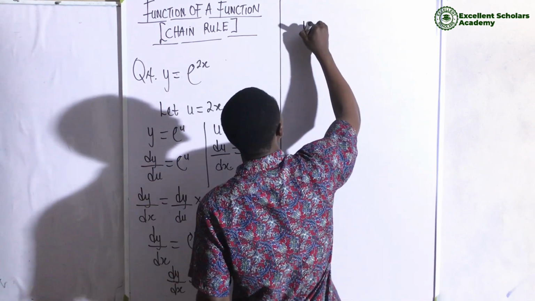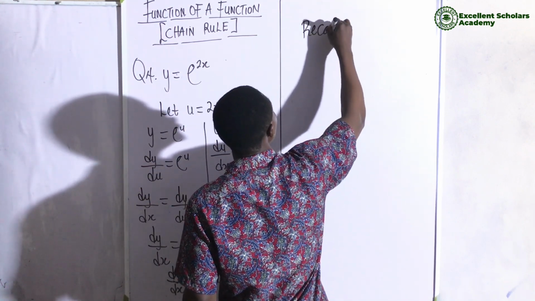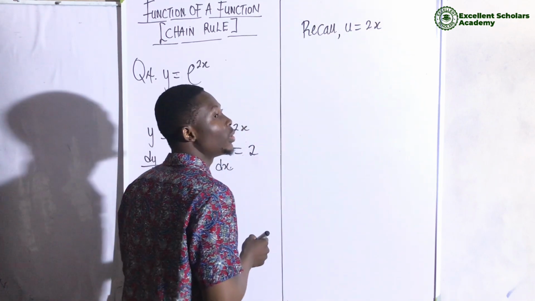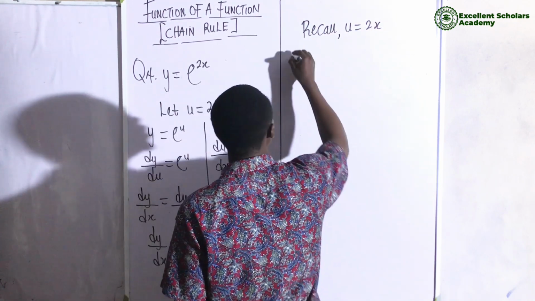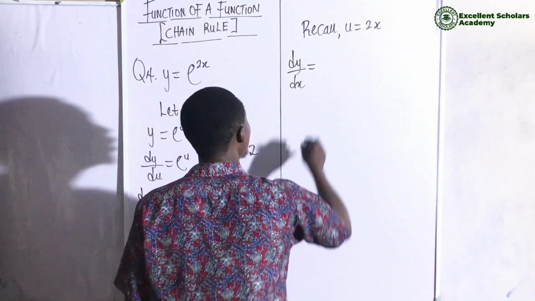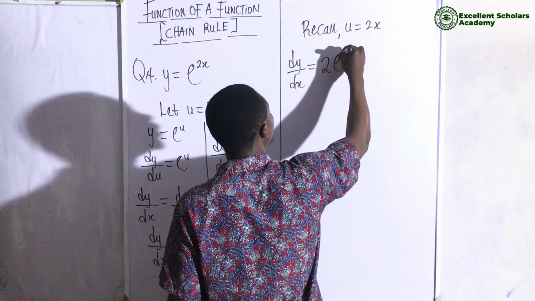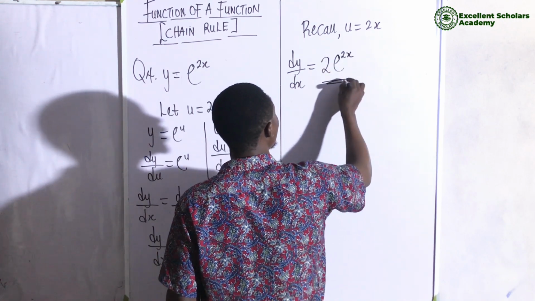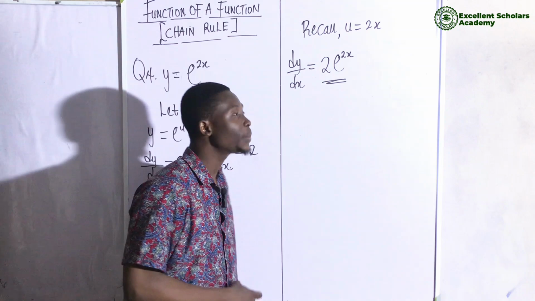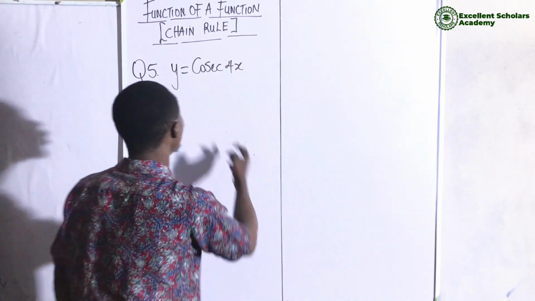Recall that u equals 2x. So this implies that your dy dx is going to be equal to 2 exponential 2x. And this will be our answer. Very clear, right? Okay.